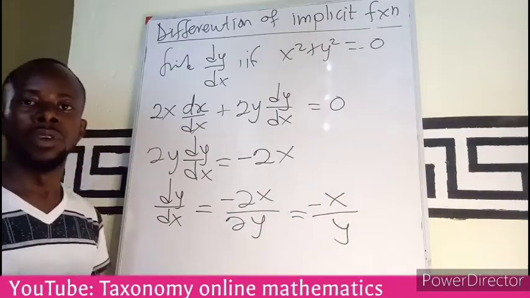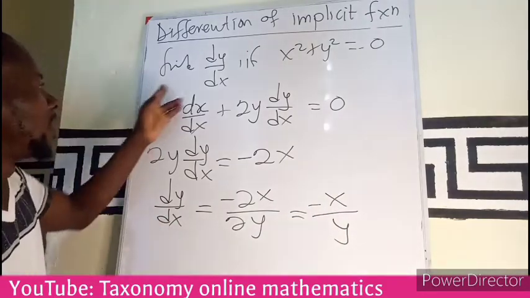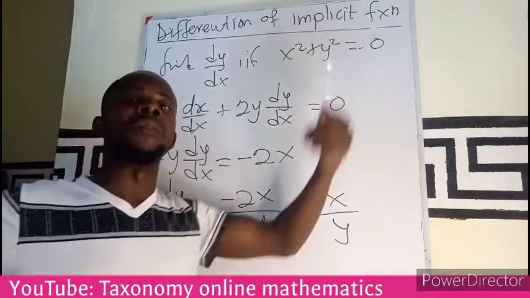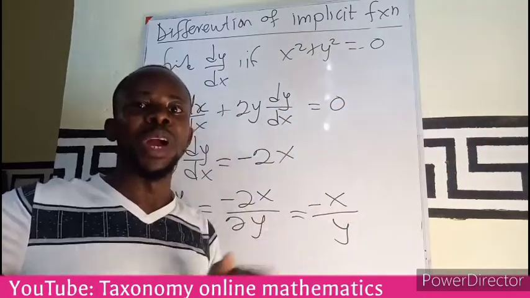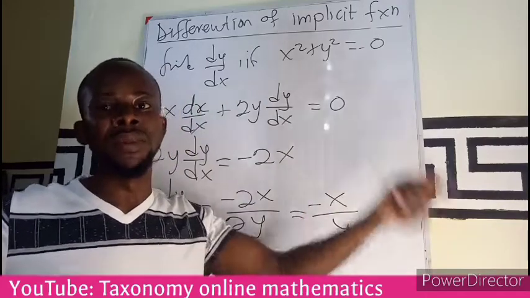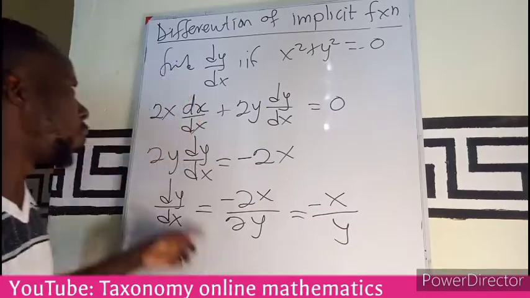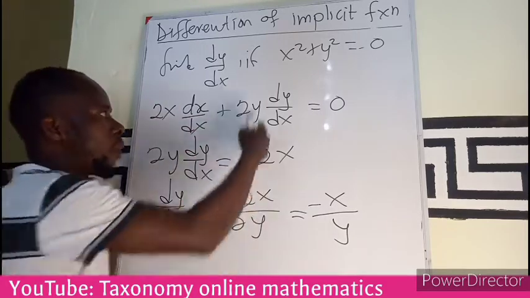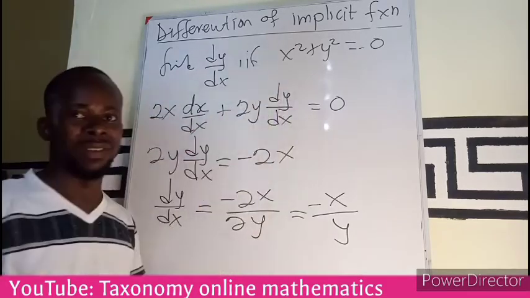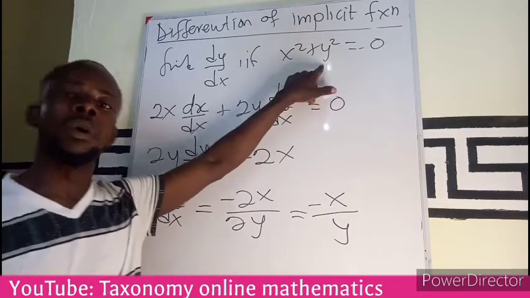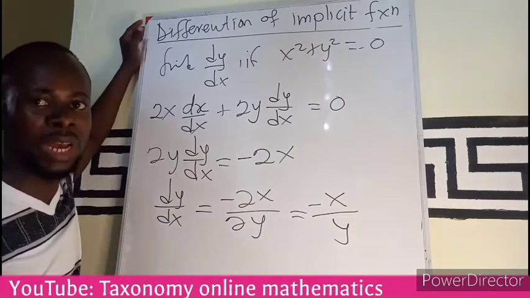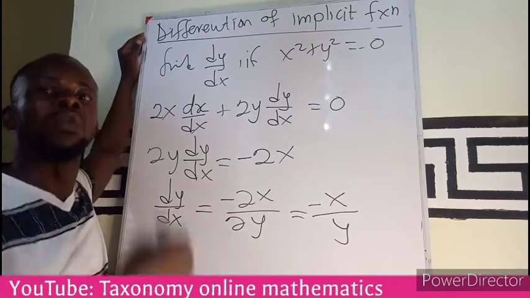So if you are doing differentiation whereby you cannot express one of the variables in terms of the other, then remember we are doing implicit differentiation. It is also not automatic to add this. We add dy/dx to the differentiation of y because all the differentiation we are doing is with respect to x.